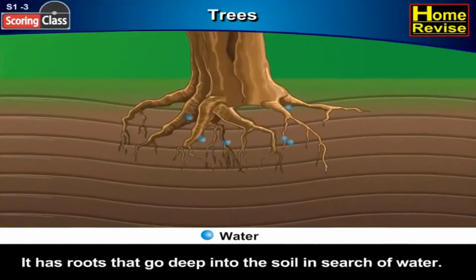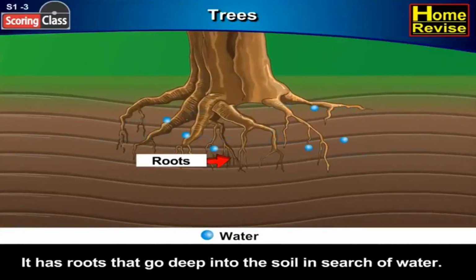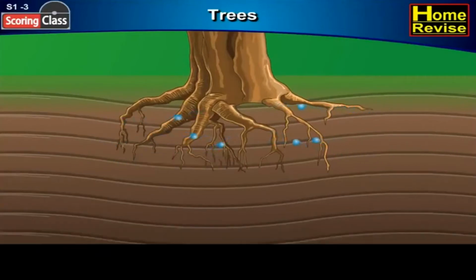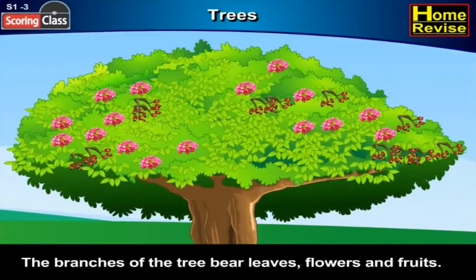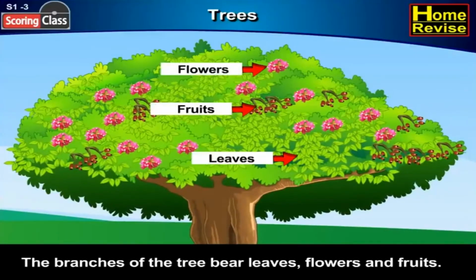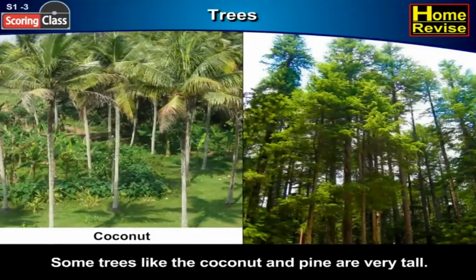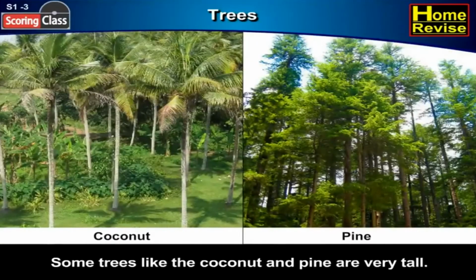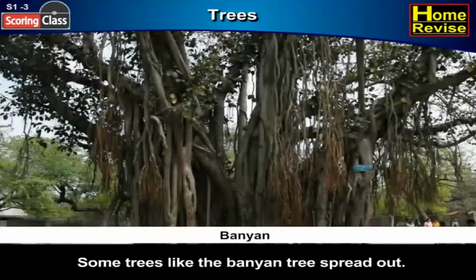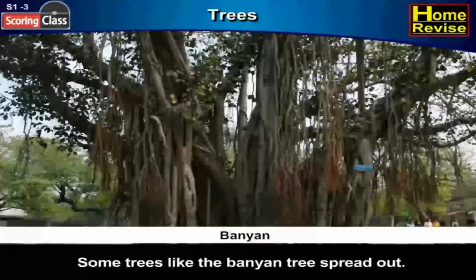It has roots that go deep into the soil in search of water. The branches of the tree bear leaves, flowers, and fruits. Some trees, like the coconut and pine, are very tall. Some trees, like the banyan tree, spread out.